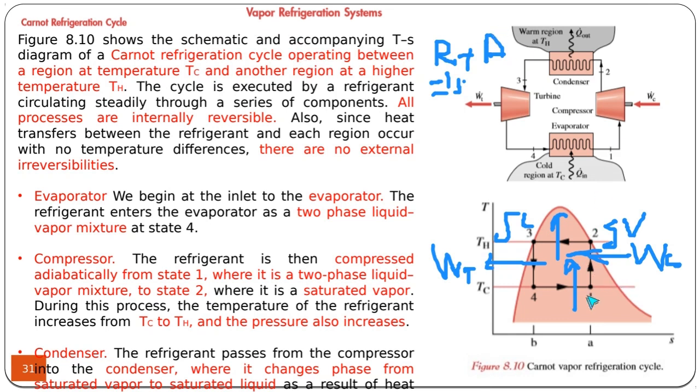For instance, the compressor cannot be operated with a mixture, so it's better to have the compressor inlet be saturated vapor instead of a mixture.